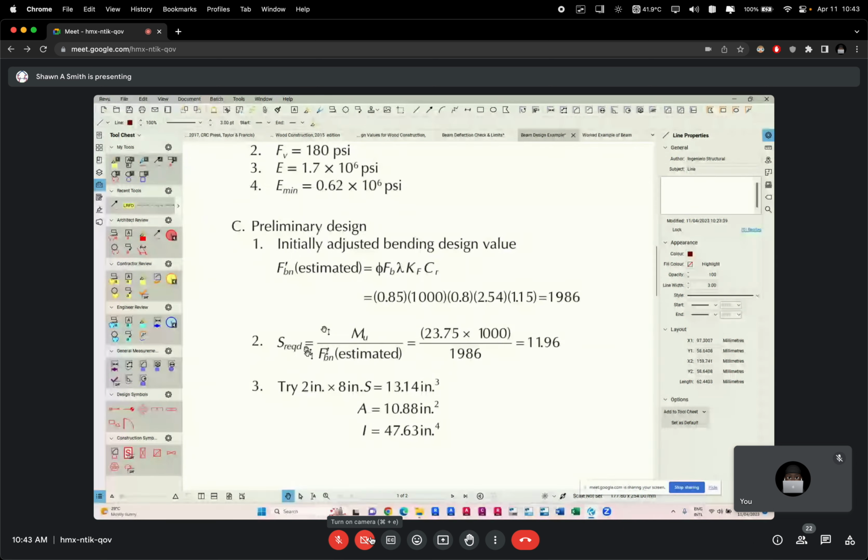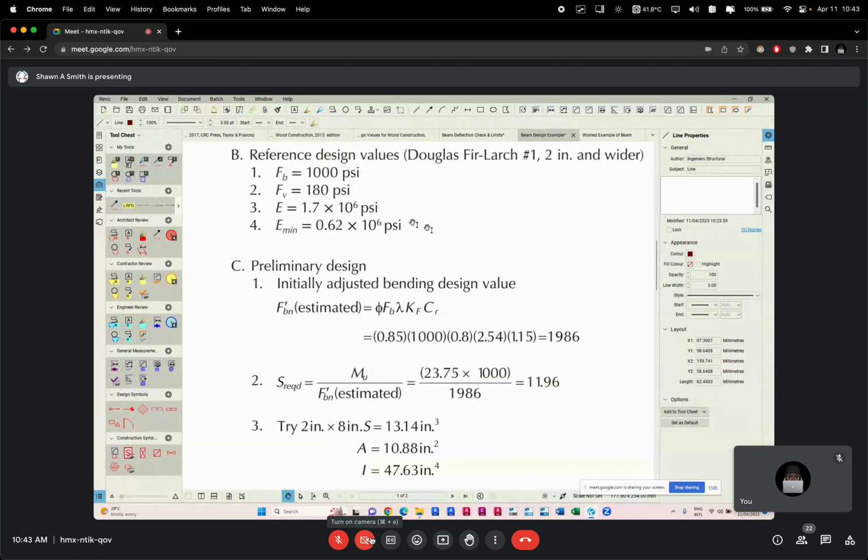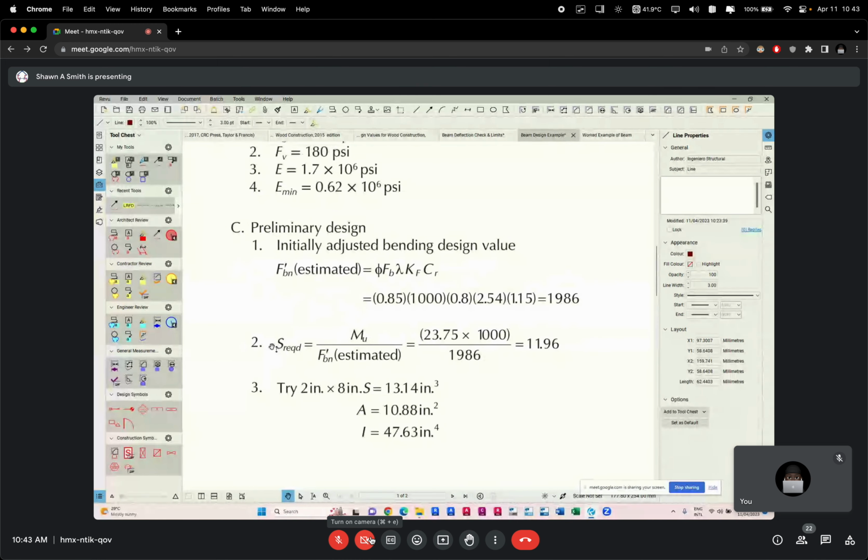So it's a matter of rearranging the equation. All right. To say, okay, fine, let me use the moment I have from the loads and the stress I have estimated to find a required section modulus. And from this section modulus, I can now find my depth because I have already assumed the width of the element. All right. So that's what happens right here.